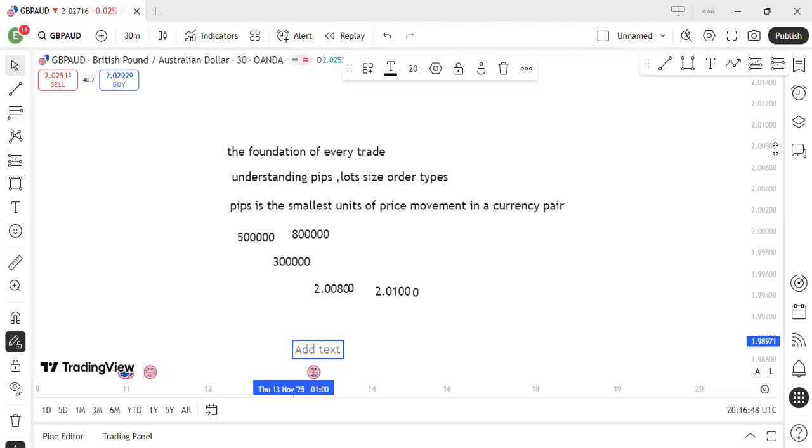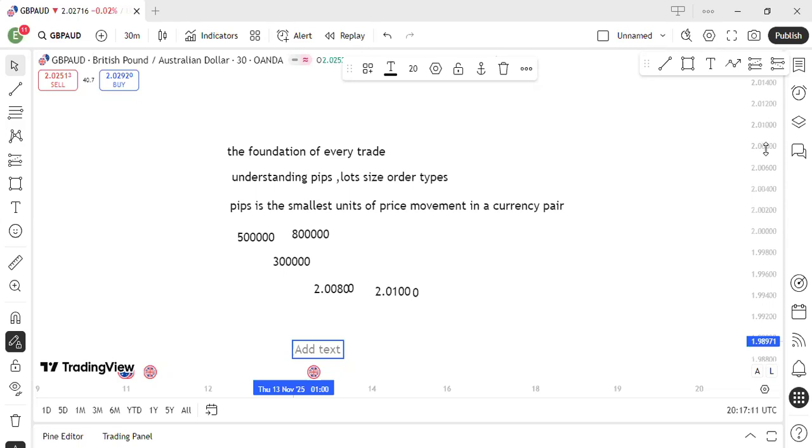Let me do that in my own calculator here. If you have a calculator there, do it yourself. Let me say price moves from 2.0080 to 2.010. You minus this one from this one.